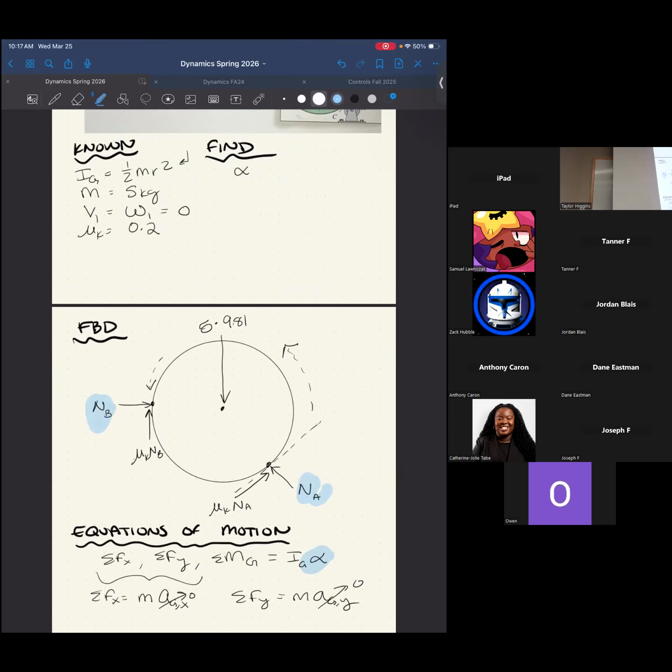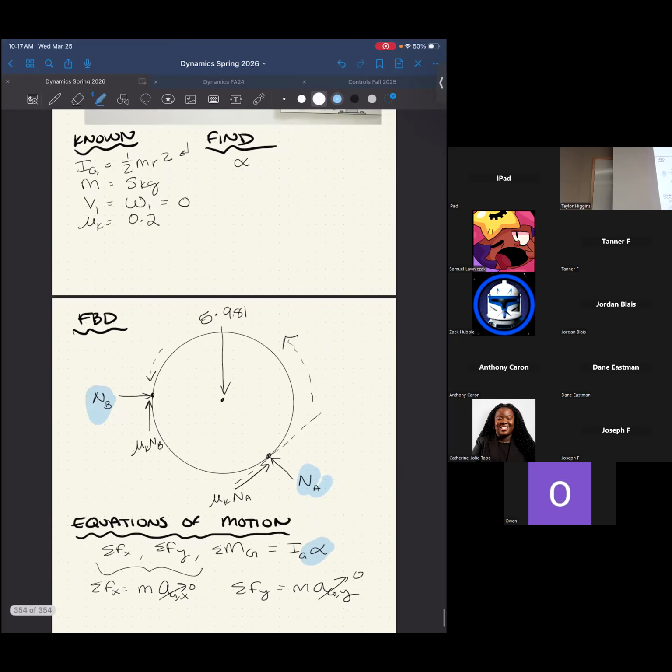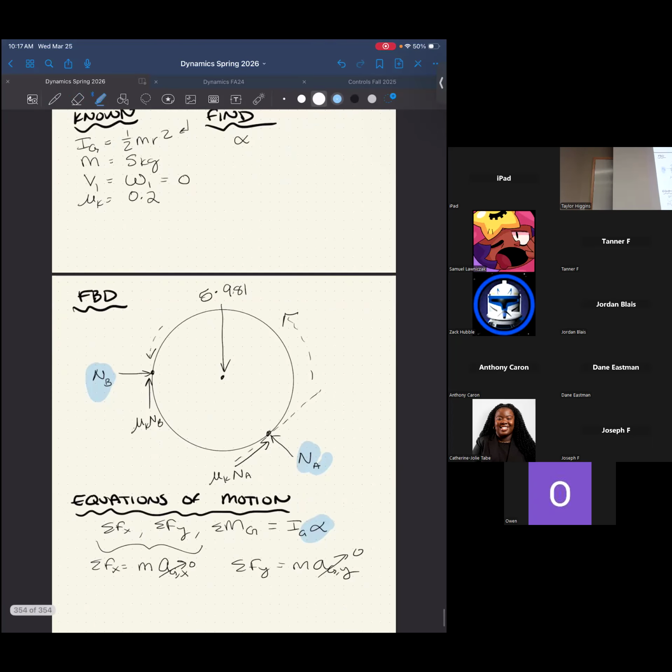If you drew your friction forces in their own direction, would it still work itself out? I want to say yes, but I haven't tried it. I want to say yes, but to be completely and honestly sure, I would want to try it and make sure that it came out right. Okay.